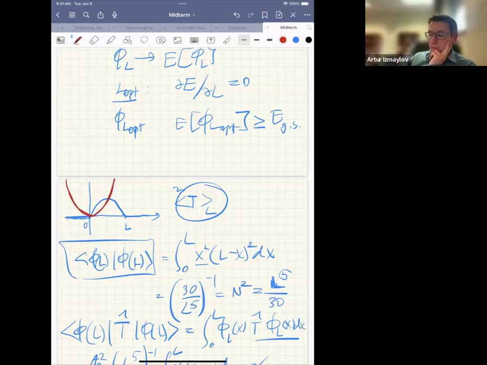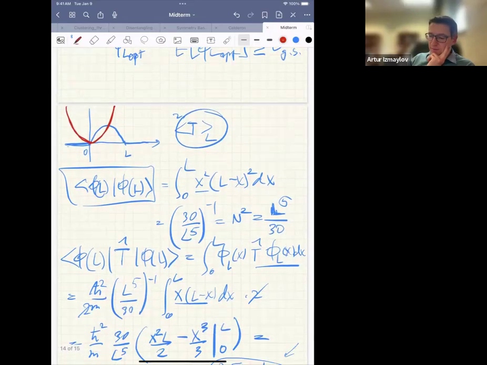So in that sense, we have clearly not the eigenstate, but something that is off the center.